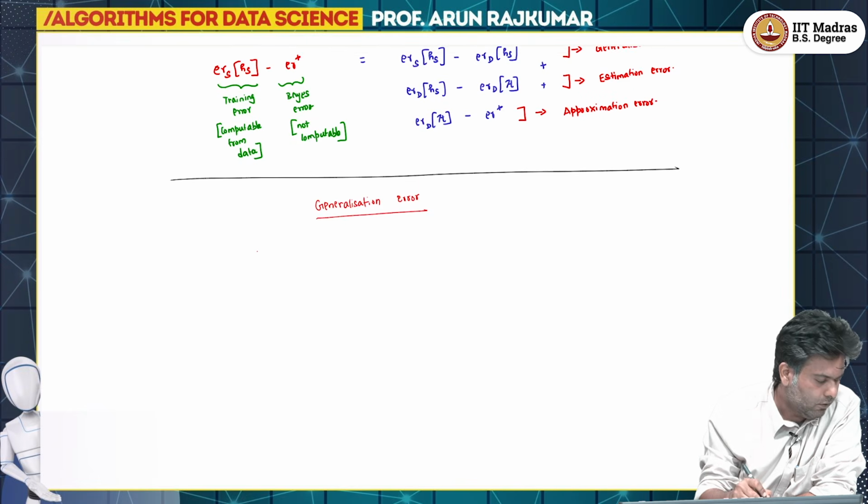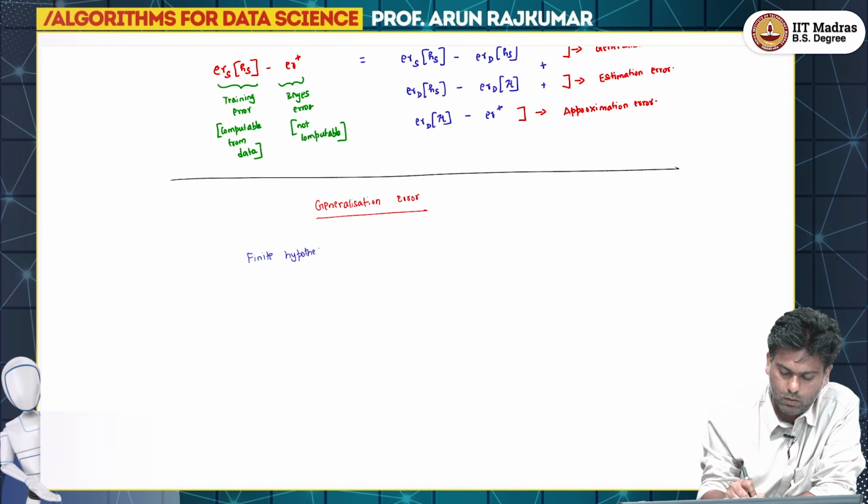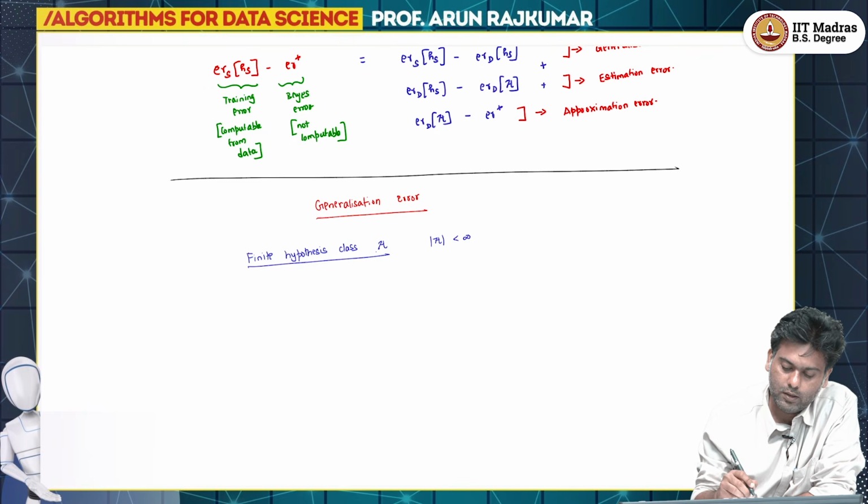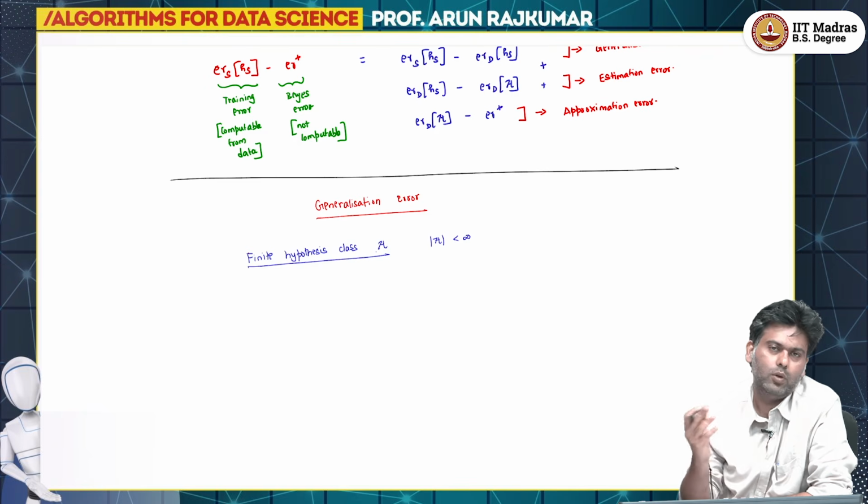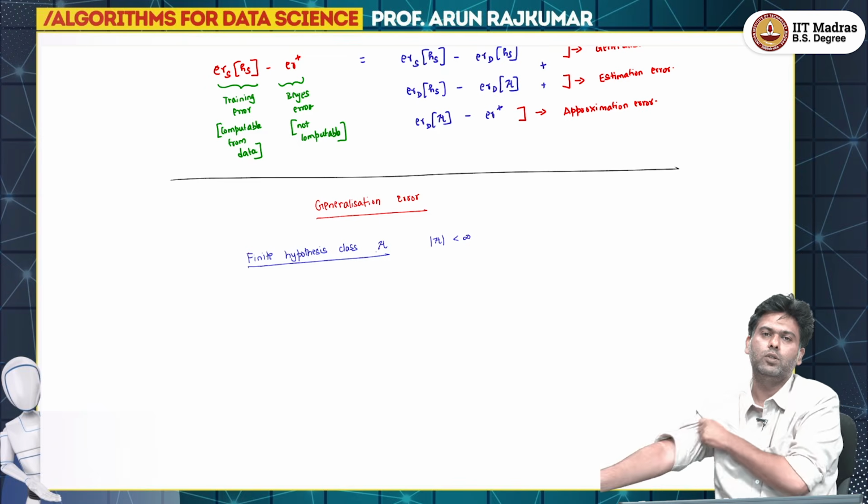When you have a finite hypothesis class, let us call this class H, such that the cardinality of H is less than infinity, that is, you only have a finite set of hypotheses h1, h2, h3 till hk.